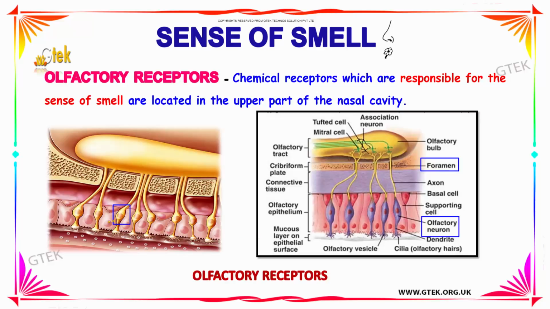This olfactory neuron has the dendrite, which connects the olfactory neuron to the cilia, that is the olfactory hairs.